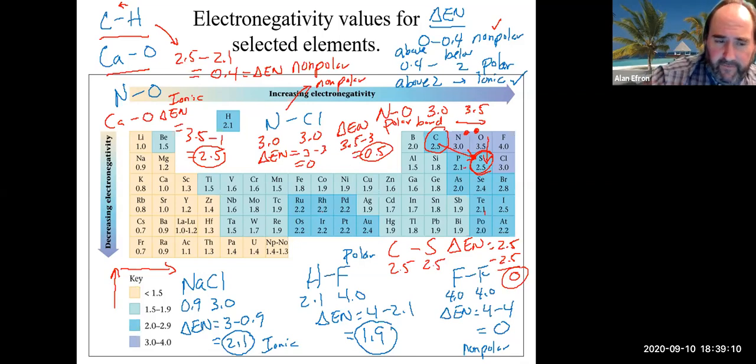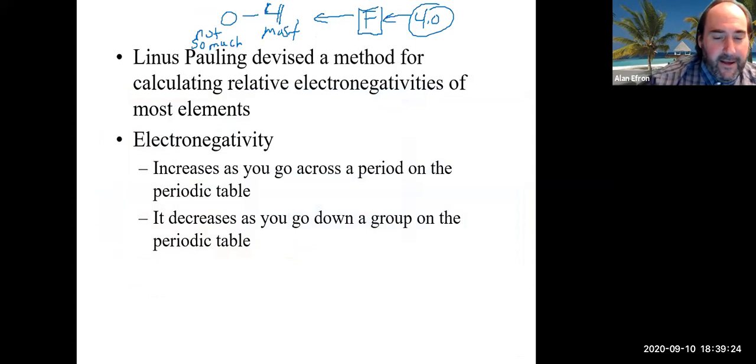Now, before we move off of this page, I want to remind you of something we're really talking about here. We use electronegativity for the most part to determine what is referred to as bond polarity.